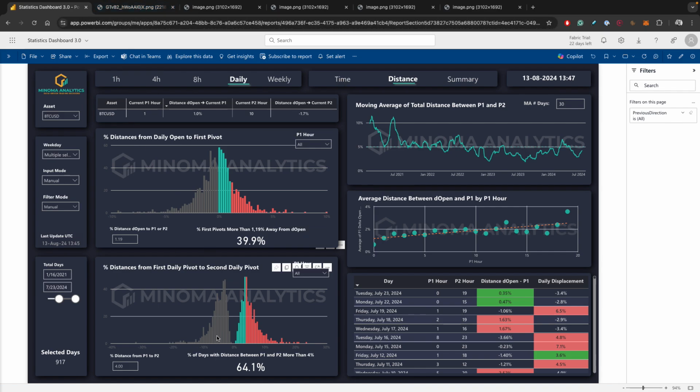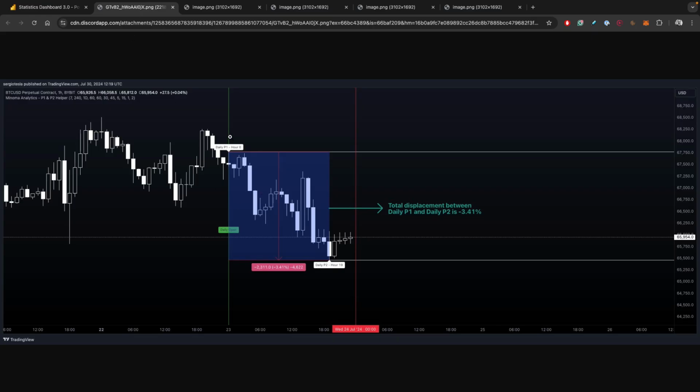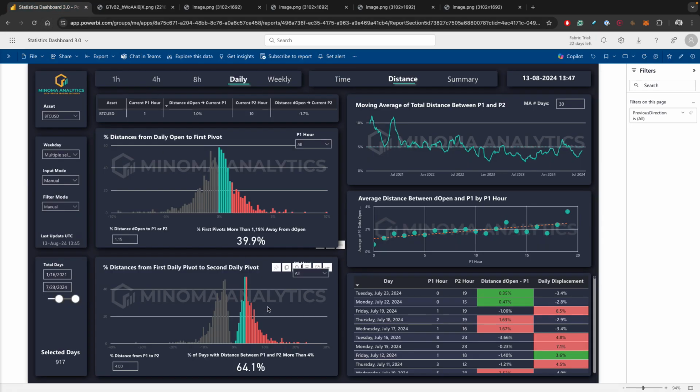So basically what we're seeing here is a distribution of how far price usually moves between P1 and P2 for the day, the total distance between P1 and P2. Now, it's important to note that the grayed out area, here looking at positive days, is not being considered.